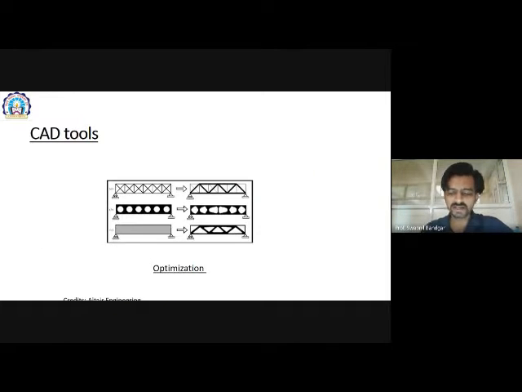Next, the CAD tool is used for optimization. Whatever drawing you are seeing in this slide, the left-hand side is the input to the optimization tool, and we get an output on the right side.